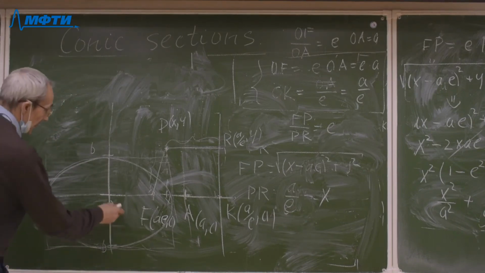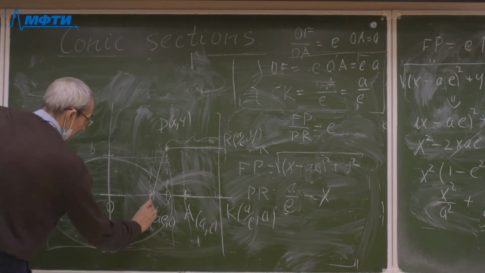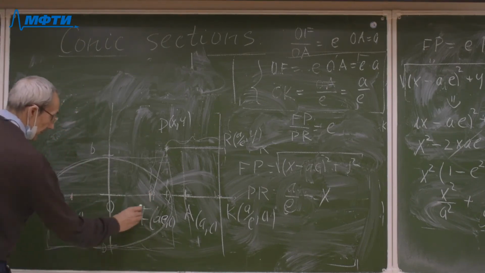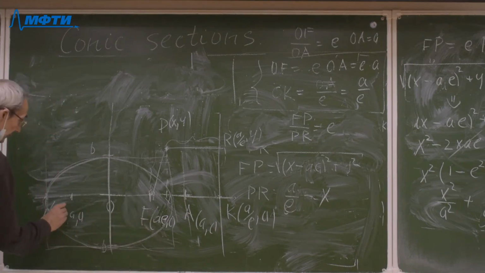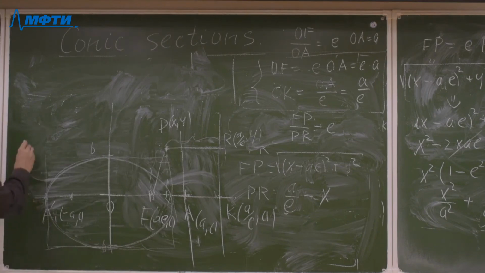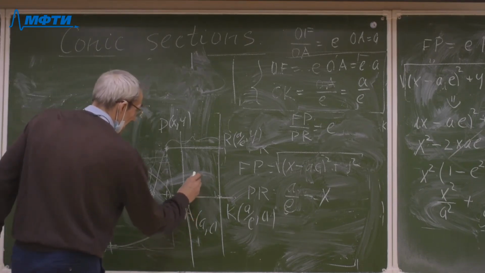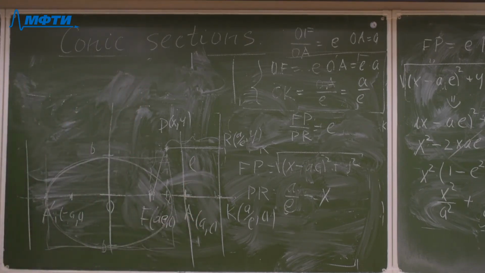This is an ellipse, and we also have two points F prime and F, and this fixed straight line L, and we also consider the symmetric straight line L prime.